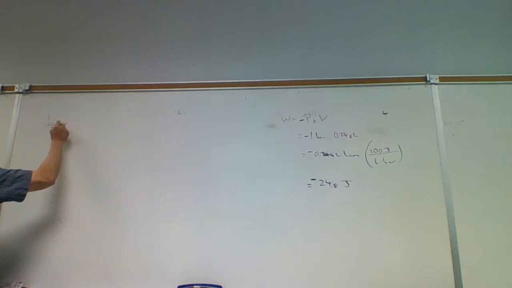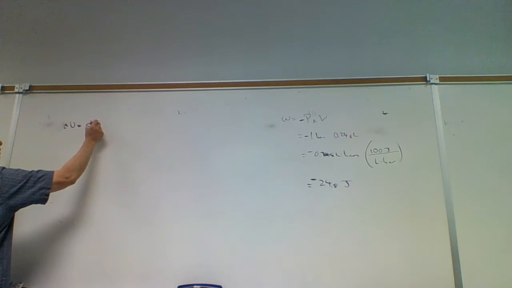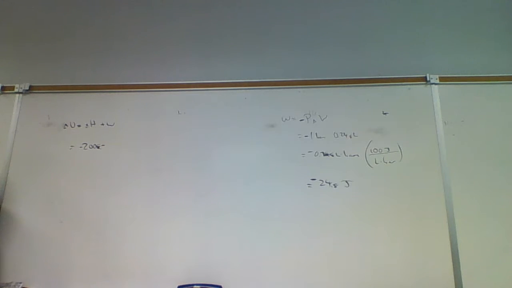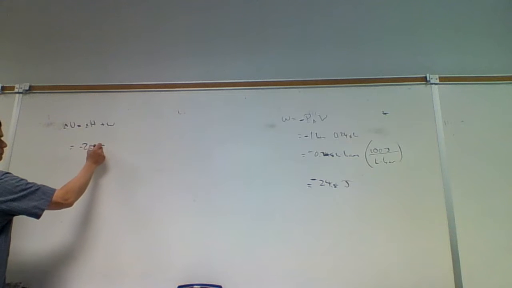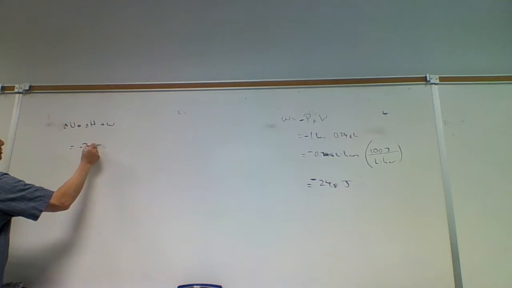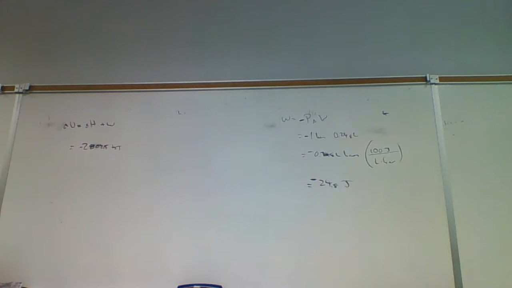And so that means that delta U is going to equal delta H plus W. Delta H is minus 2,000. What was it again? 2802.5. 2802.5, thanks. 2802.5 kilojoules. And then we have to add that many joules.